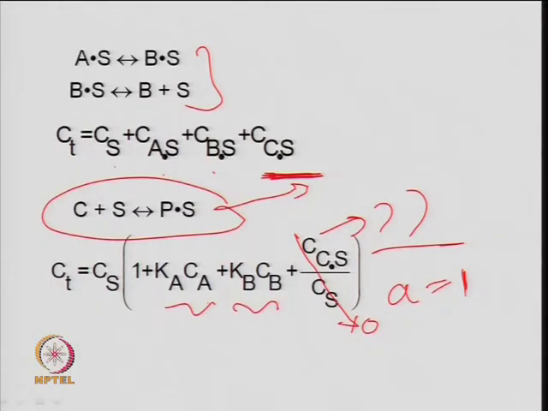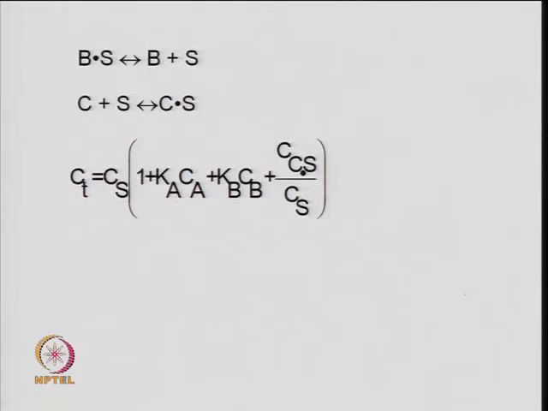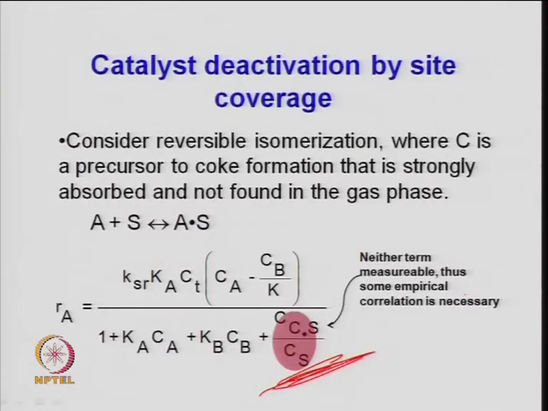So, one can very easily write down the expression. So, the meaning here is that for the reversible isomerization reaction, where C is the coke precursor for the formation of carbon, and species are strongly adsorbed on the surface, right, this is adsorbed and not found in the gas phase.